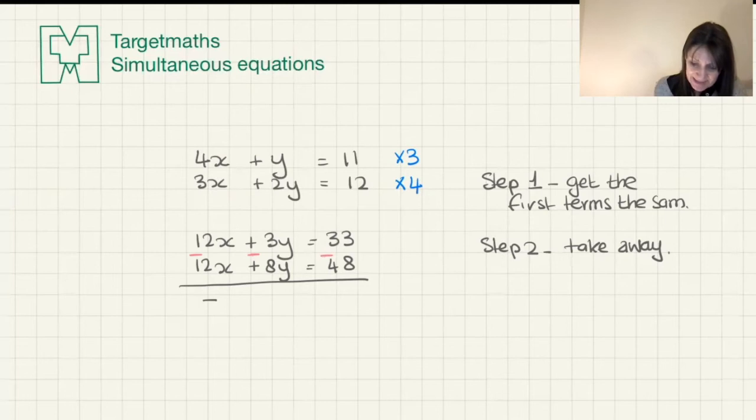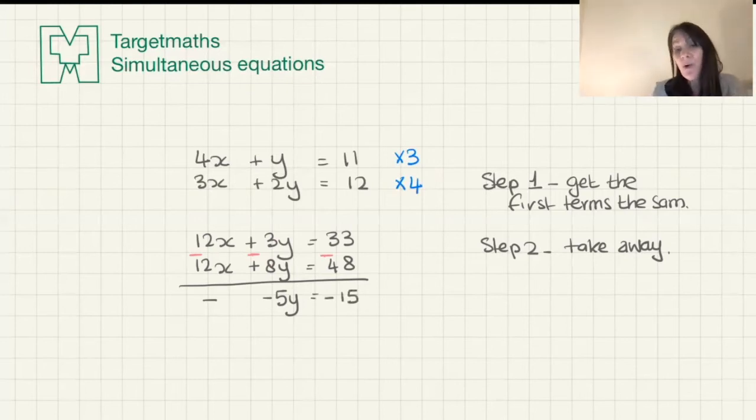I am at positive 3, and I'm going to take away 8. 3 take 8 is minus 5y. So I've got minus 5y happening there. And then I'm going to do 33, take away the 48, which is going to give me minus 15.